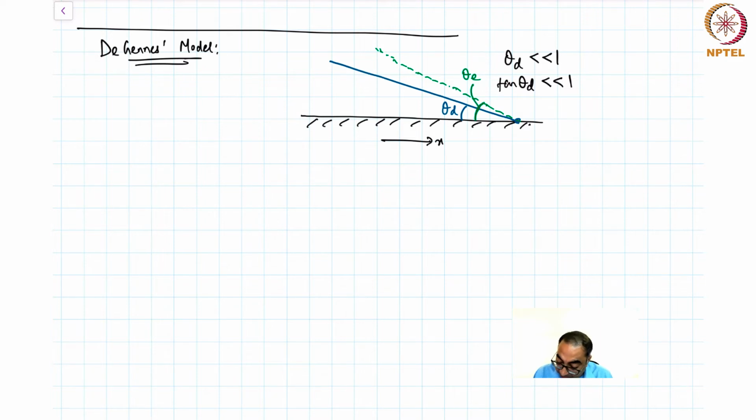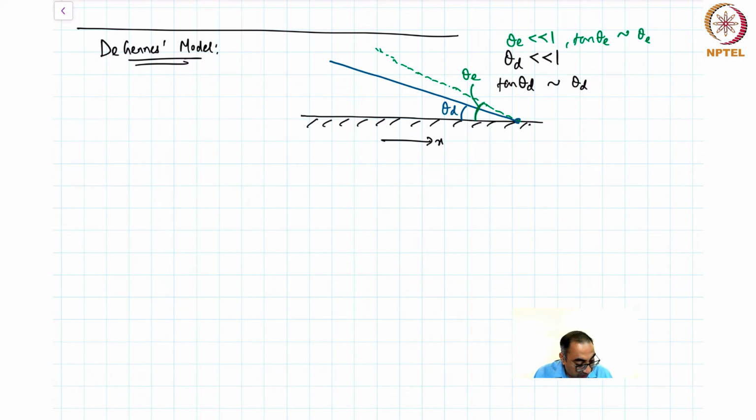That's the equilibrium angle. We will also say that the equilibrium angle is very, very small. So therefore, tan of theta d is approximately theta d, and tan of theta e is approximately theta e, right?